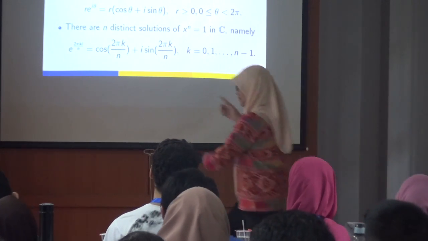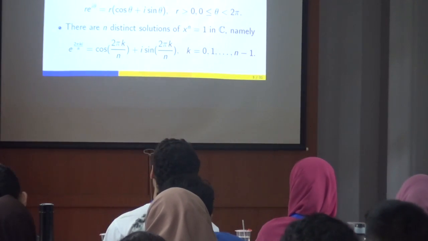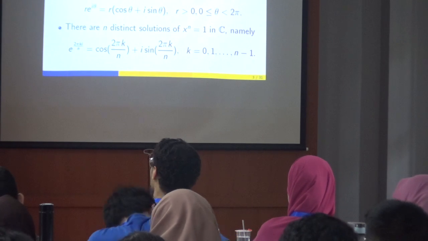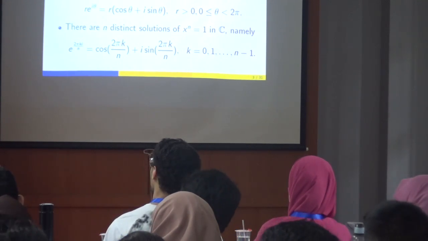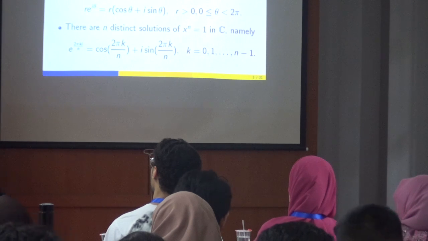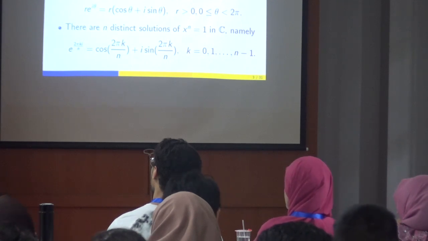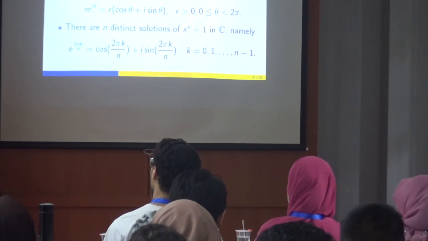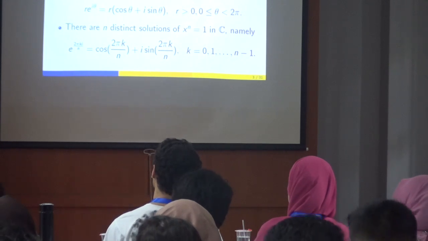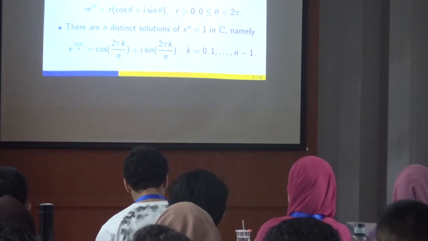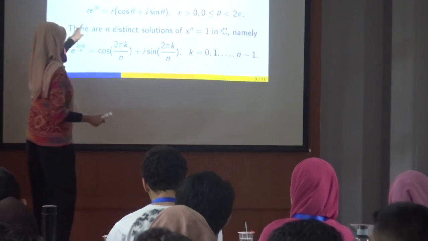I should make a diagram here. So the radius is 1, and you have the equation with r equal to 1.